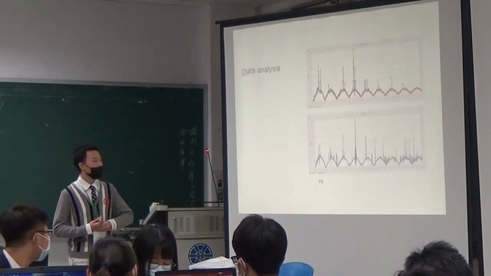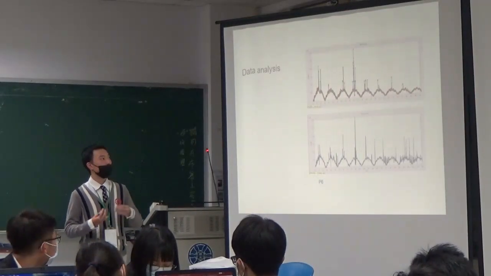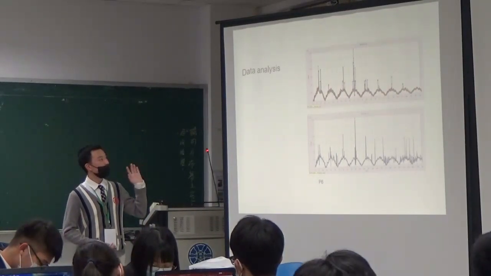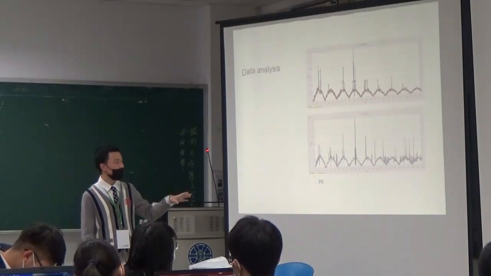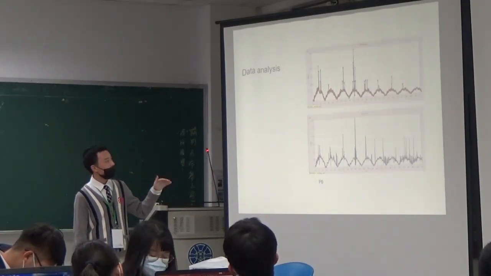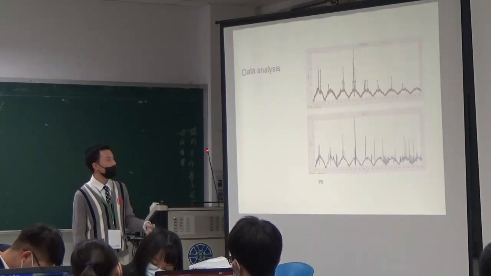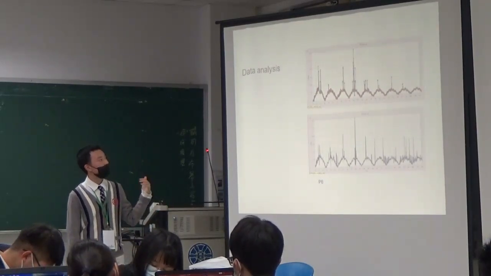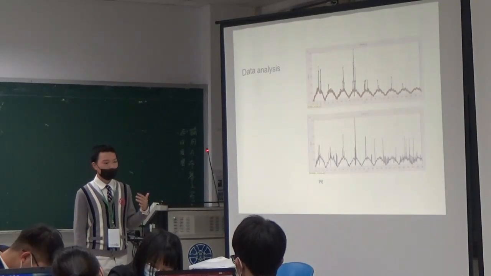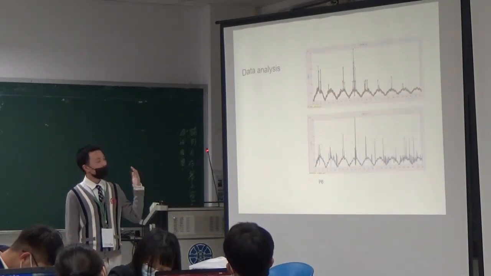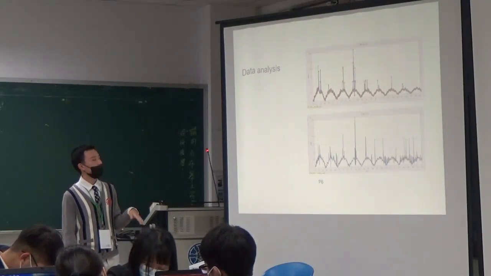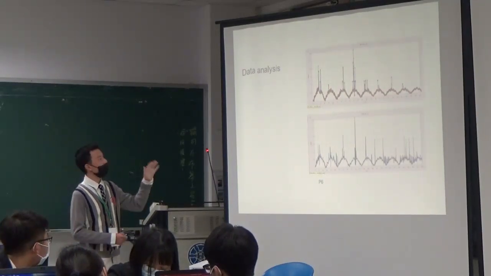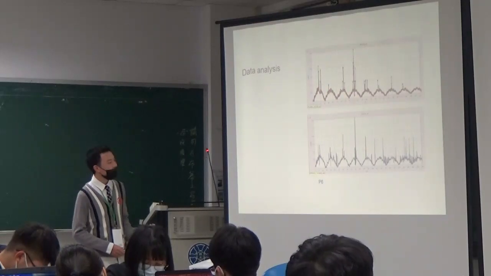So our data analysis mainly looks something similar to this. First I have to introduce the two axes. The x-axis is the time, in seconds, and the y-axis is the velocity, in meters per second, and the y-axis number should be times 1,000 because the graph is made this way.